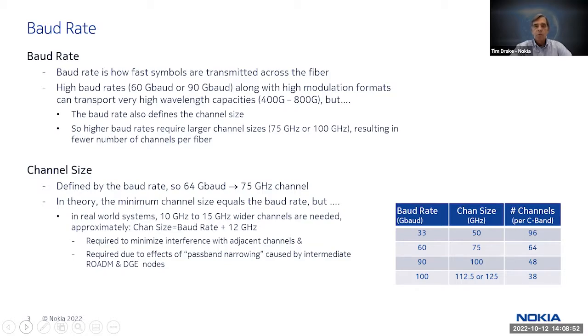So if we were to look today at a traditional 400 gig ZR optic, it potentially will not fit in a traditional 100 gig FOADM spacing. And there's several reasons for that. Number one, it's the baud rate and the modulation, as well as you can't go terribly far with it in that type of system because the back-to-back loss is too much for the optic to overcome.